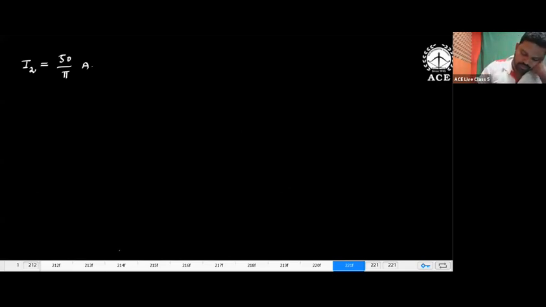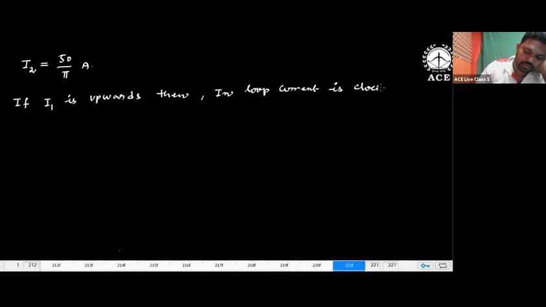If I1 is upwards, then in the loop current is anti-clockwise.